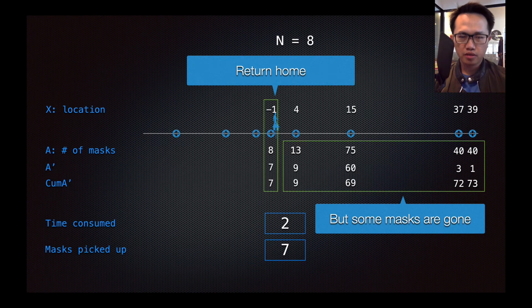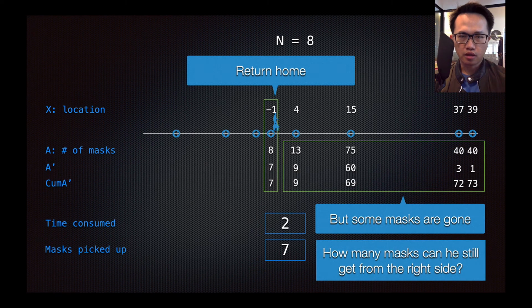Because time goes by, masks are sold. So now how many masks can he still collect from the right side, starting from home at time equals 2? Well, it's 73, right? Plus the 7 that he had from the trip to the left, it's a total of 80. So that's the total from this scenario.